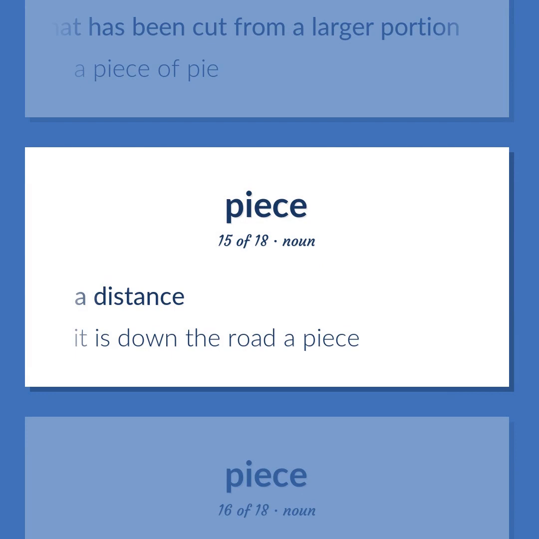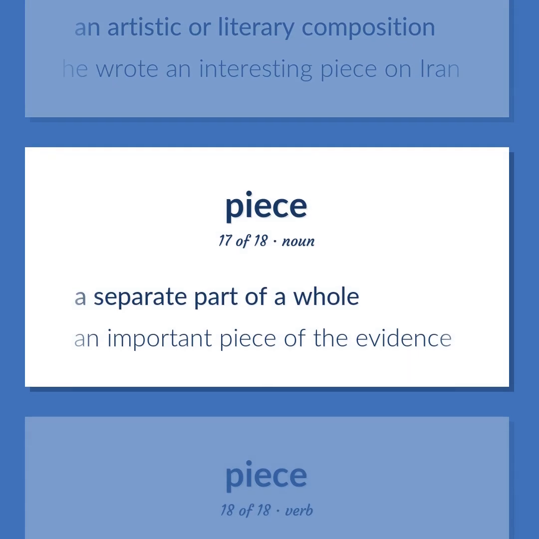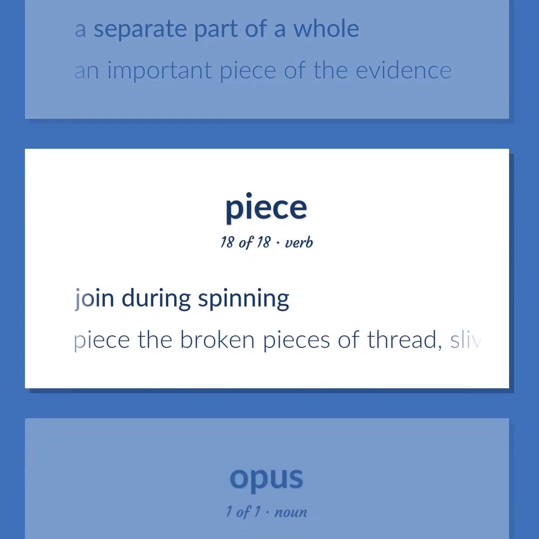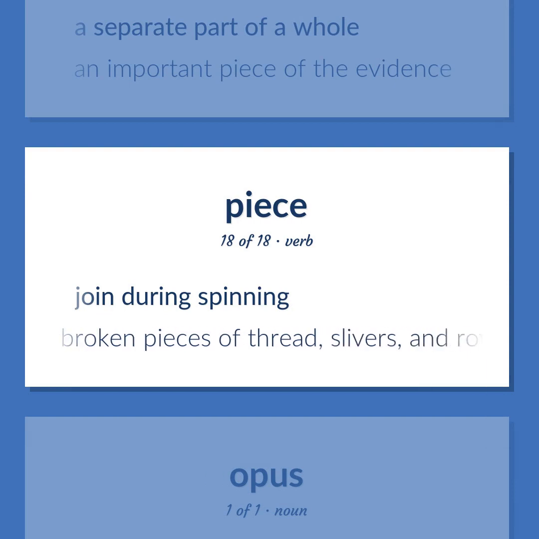It is down the road a piece. An artistic or literary composition. He wrote an interesting piece on Iran. A separate part of a whole. An important piece of the evidence. Join during spinning. Piece the broken pieces of thread, slivers, and rovings.